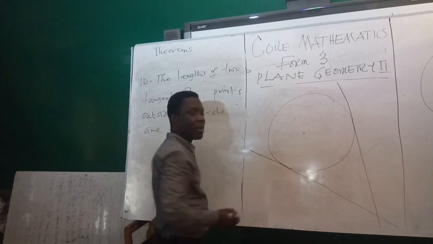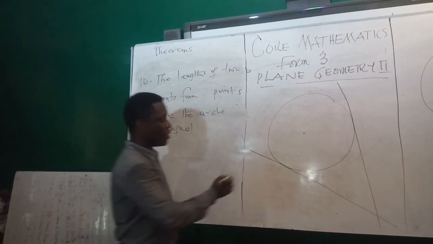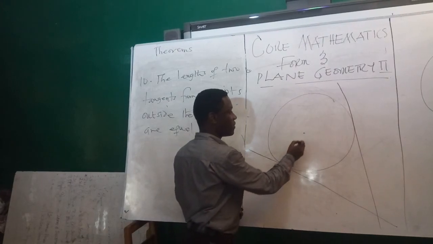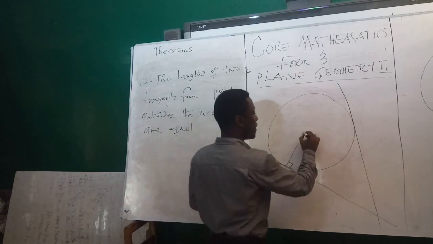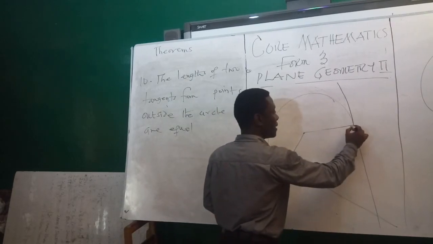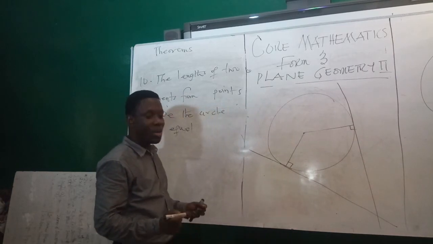Now remember, I've already talked about the angle between a tangent and a radius. So from here, this radius, the angle here is 90, and then from here to there, the angle here again is also 90.